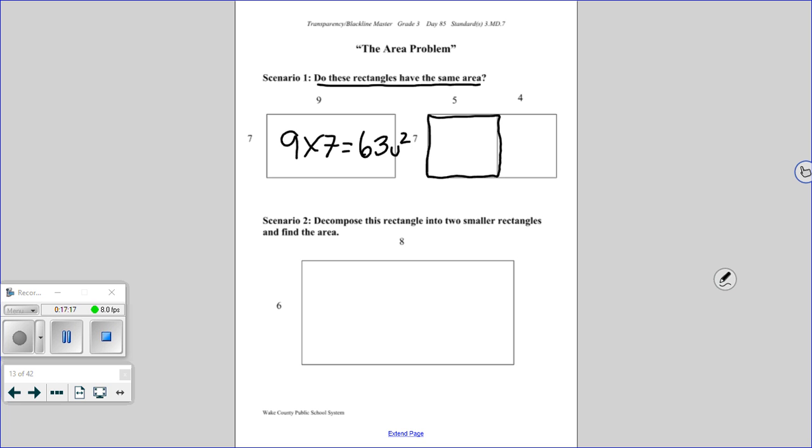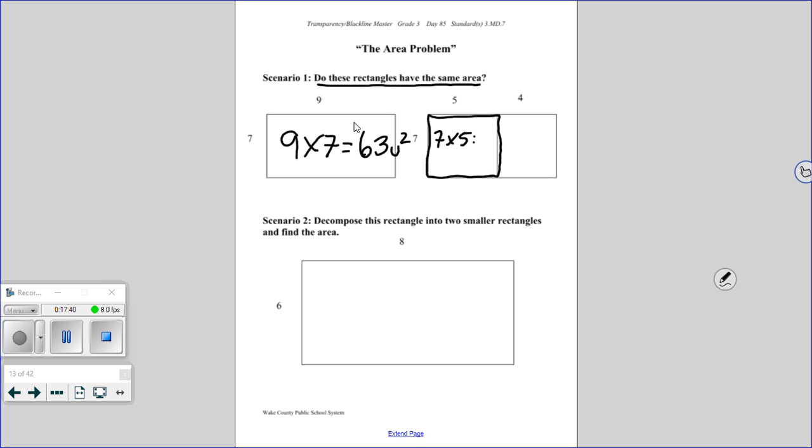Can I figure out the area of that section? What would be my equation to figure out that section? William? 7 by 5. That should be an easy one for you to solve. What is the area of a 7 by 5?